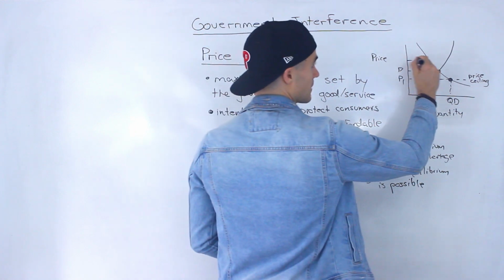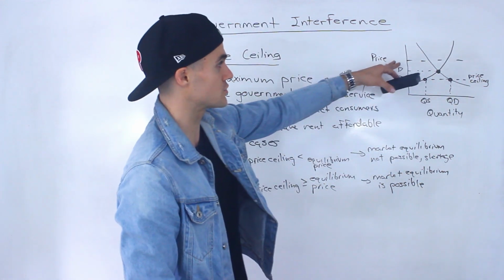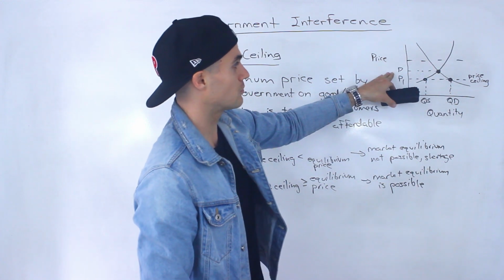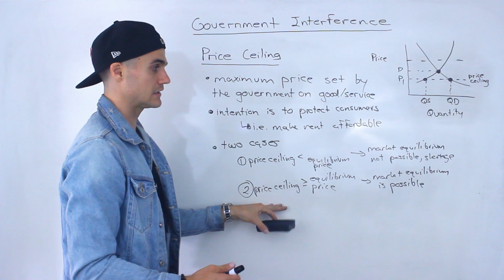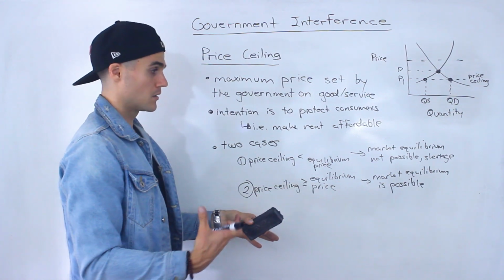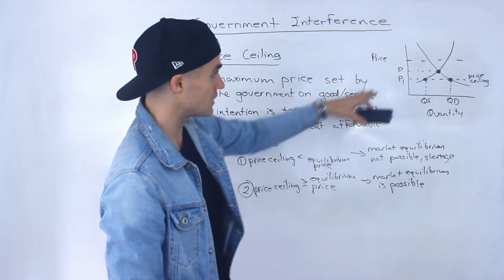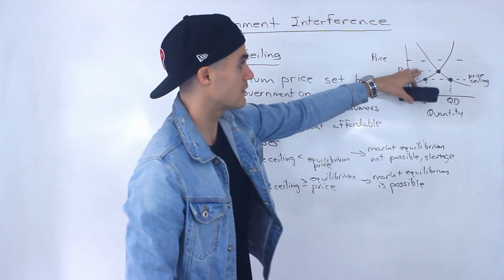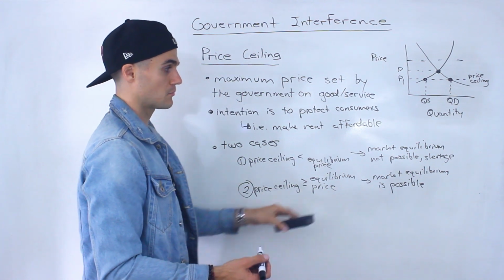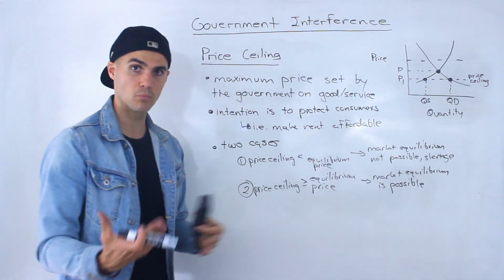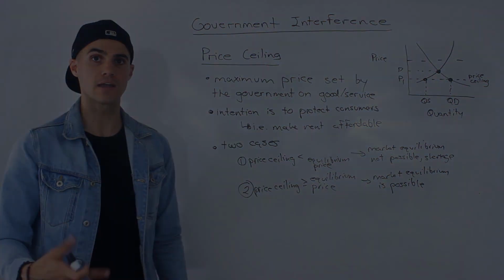If the price ceiling is up here, remember a price ceiling is the maximum price set for a good or service, then that equilibrium price is going to be below that maximum price. So in this case, it's going to be legal, so market equilibrium is possible. However, if the price ceiling is below the equilibrium price, like here, then that equilibrium price is going to be illegal in the market. So the market equilibrium in that case won't be possible, and more specifically because there will be a shortage.